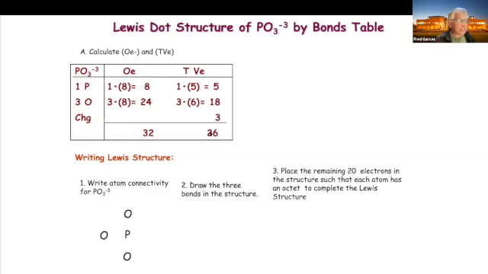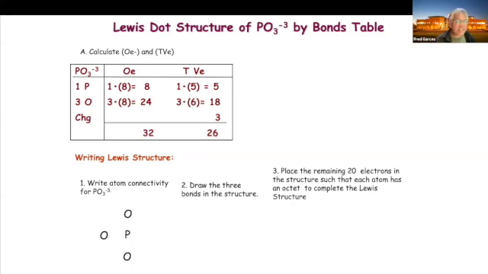This is 26. 32 minus 26, that's 6 divided by 2. You've got 3 bonds in this structure. Without even drawing anything, you already know there's 3 bonds. Again, the beauty of the bond table. Remember, you're committing 6 electrons to bonding.